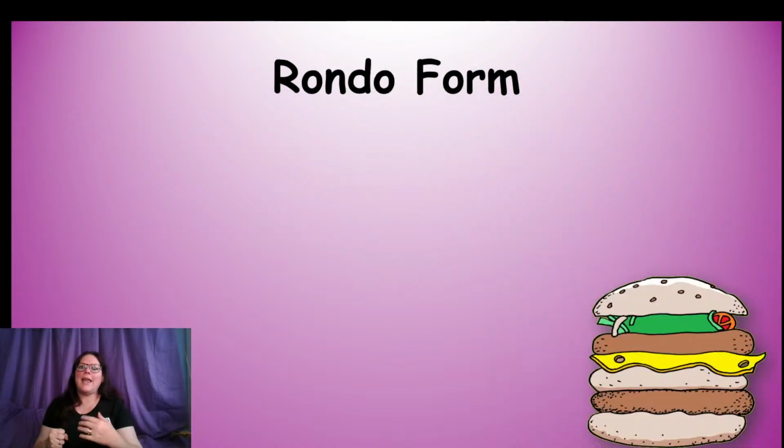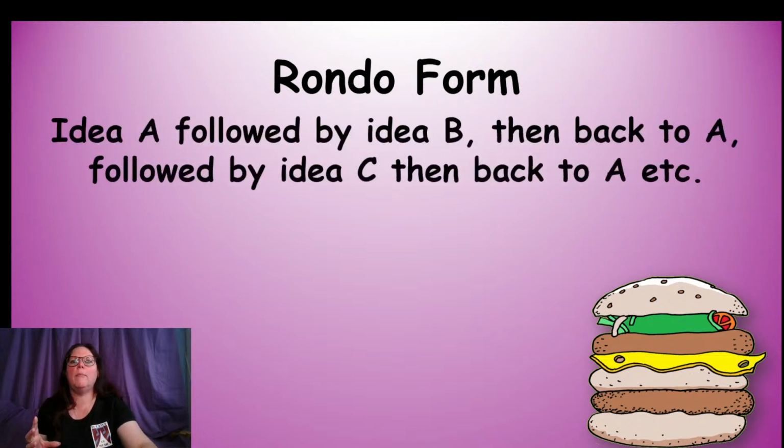So then we take the next step, and we're looking at something called rondo form. Now, you can see at the corner there, we've got something more than just a sandwich. We've got quite a big sort of burger. Idea A is followed by idea B, just like before, and then we go back to idea A. But then we have something completely different, which we call idea C. And then we go back to idea A, and we could keep going on this for as many as you wanted.